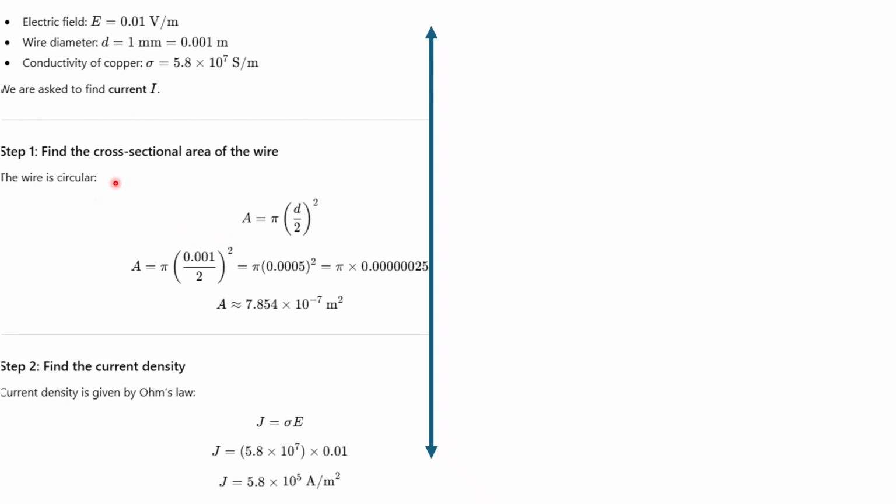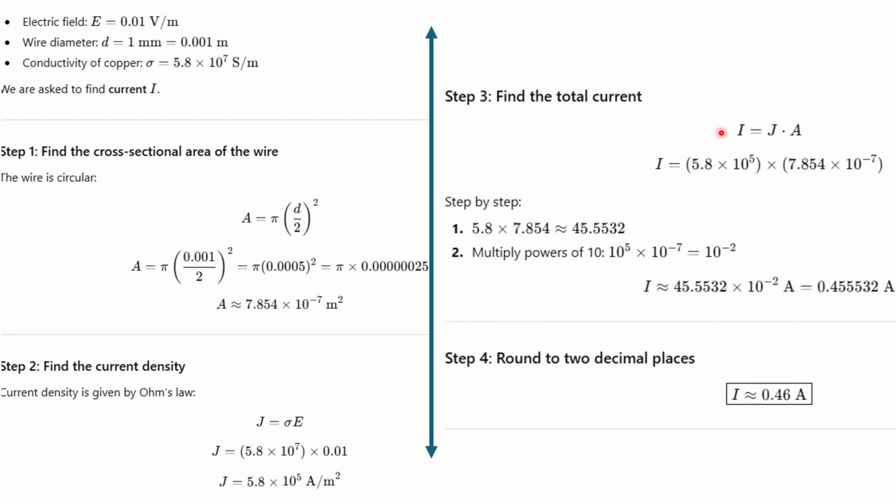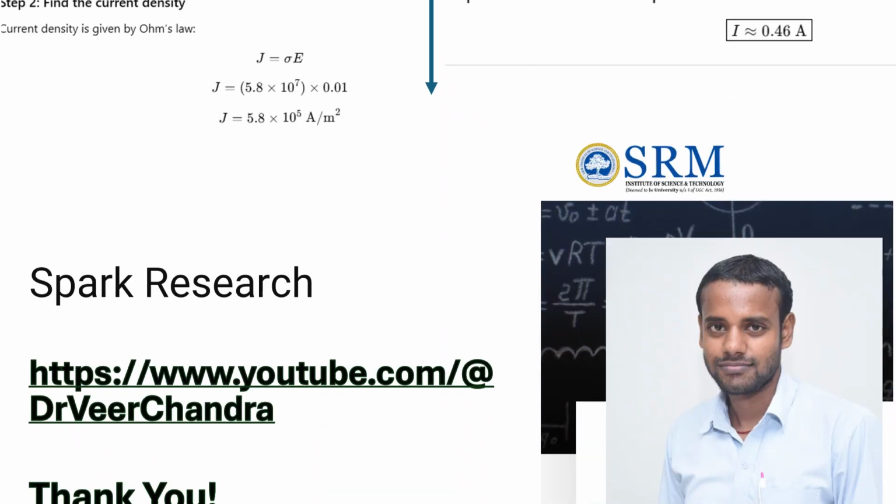First find the area, pi r square. Then the current density, J is equal to conductivity into electric field. After putting in the values of conductivity and electric field, you multiply J into A, and you will get the total current. Finally you will get a total current of 0.46 ampere.